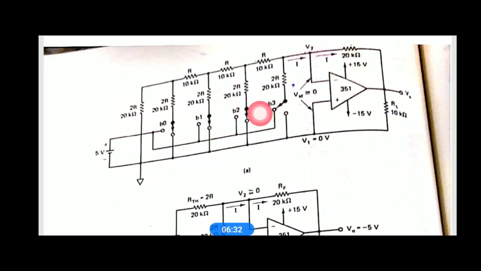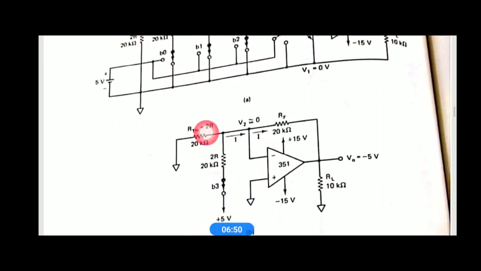For this we need to connect B3 to plus 5 volt, whereas B0, B1, B2 we need to connect to the ground, which you can see in this circuit.